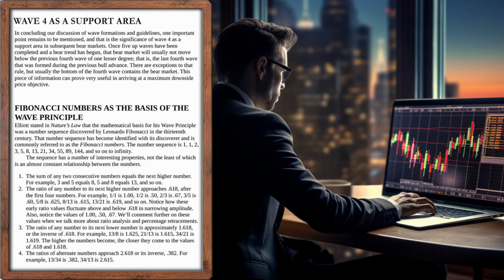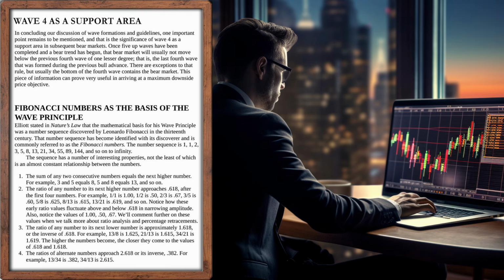Notice how these early ratio values fluctuate above and below 0.618 in narrowing amplitude. Also, notice the values of 1.00, 0.50, 0.67. We'll comment further on these values when we talk more about ratio analysis and percentage retracements. Number 3. The ratio of any number to its next lower number is approximately 1.618, or the inverse of 0.618.